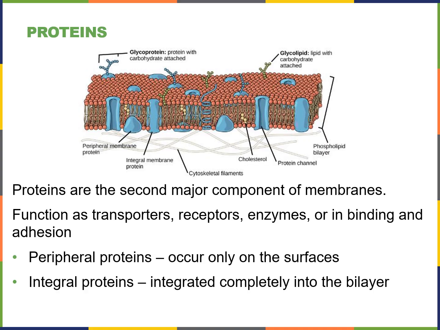Proteins are vital to membrane function. They serve several roles. They can be transporters, which move substances across the membrane. They can be receptors. They bind to signals like hormones and initiate a cell response on the inside of the cell.